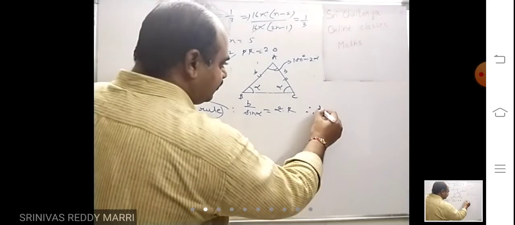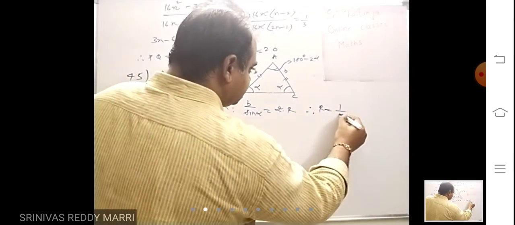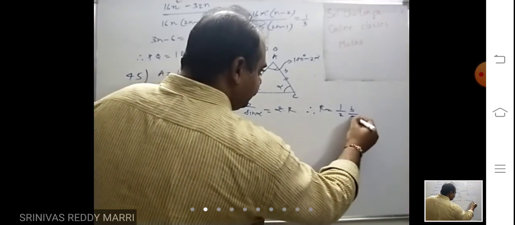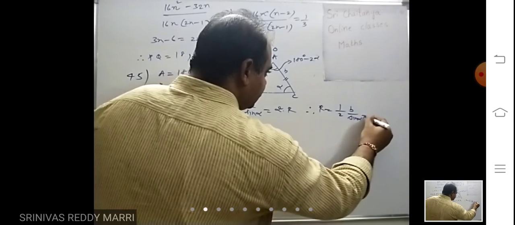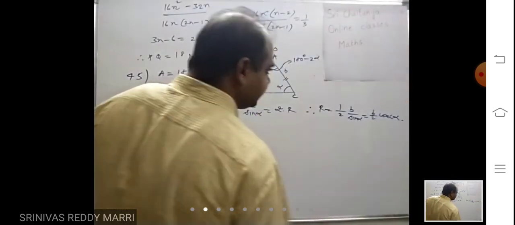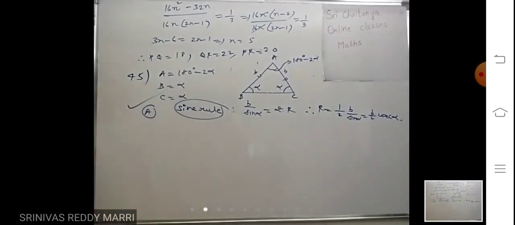Therefore, directly, small r is 1 by 2 into b by sine alpha, which is b by 2 cosecant alpha. That is what he has given, so option A is correct.